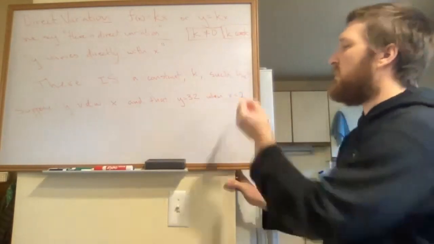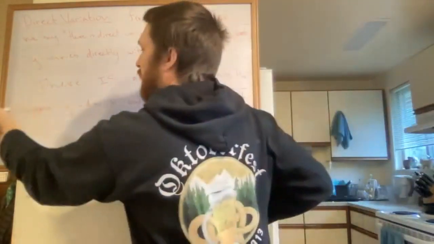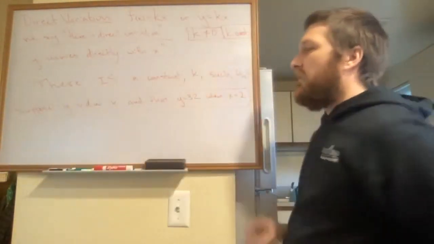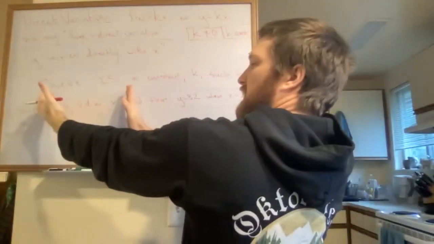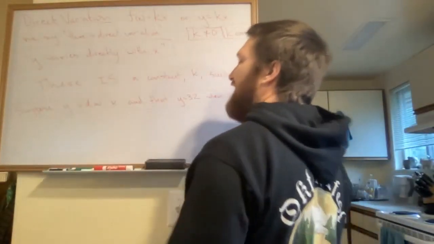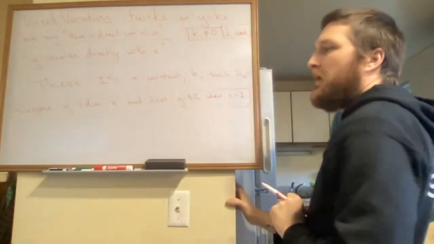Okay, so let's break this apart. There are two clauses here: y varies directly with x, and y equals 32 when x equals 2.